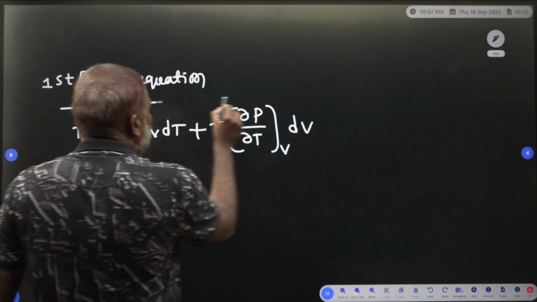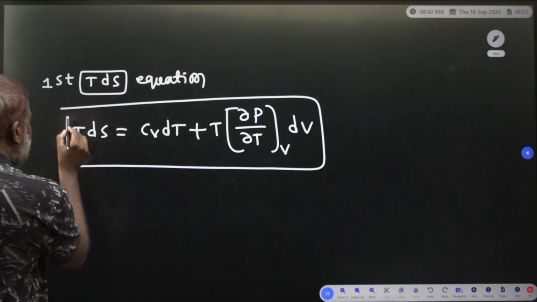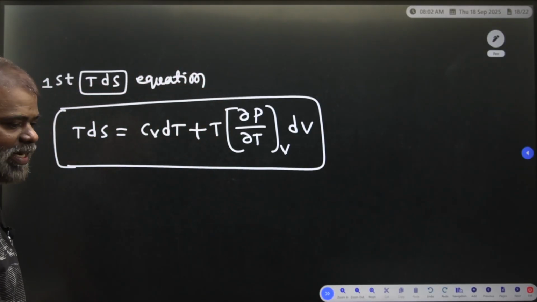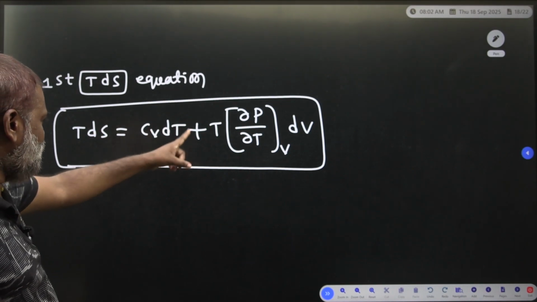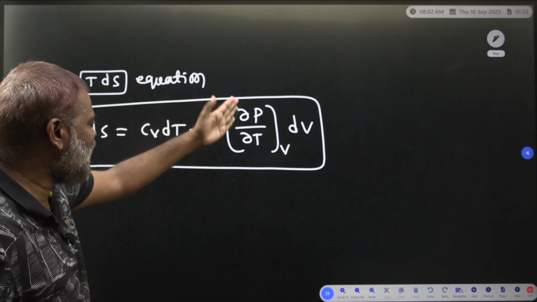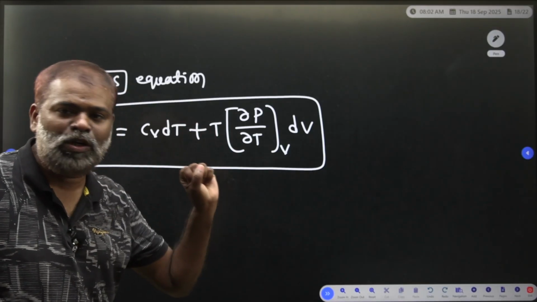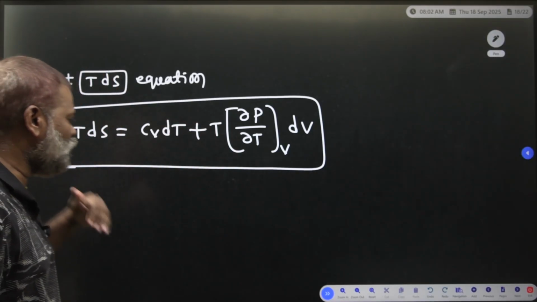This is the first TdS equation, derived by using the Maxwell relations. Clear? So like this you have to derive.